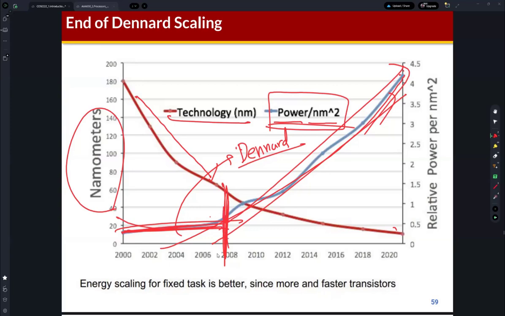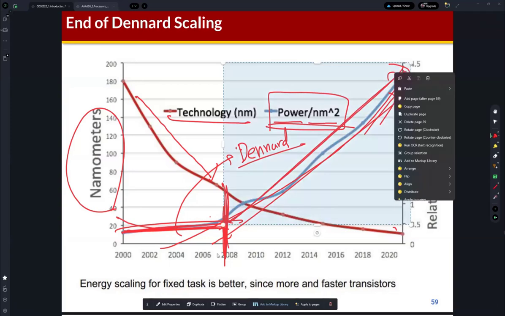Until this point, we could develop a better CPU using advanced semiconductor technology, and the power consumption was the same. It was free, but now it's not free. Okay, so this is a very critical problem.